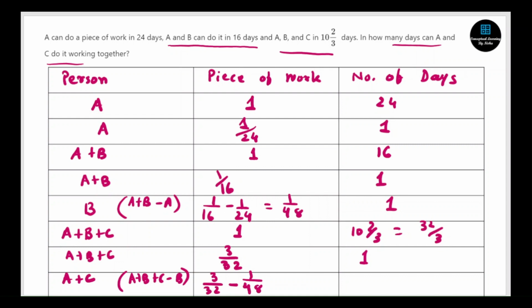Now when I simplify this, what do we get? This is nothing but 7 over 96.